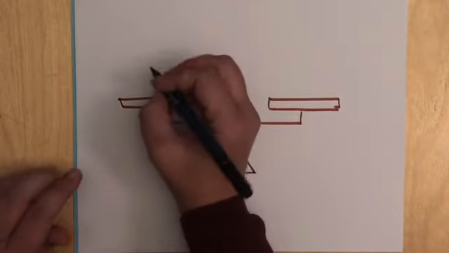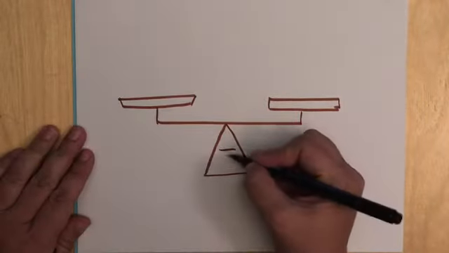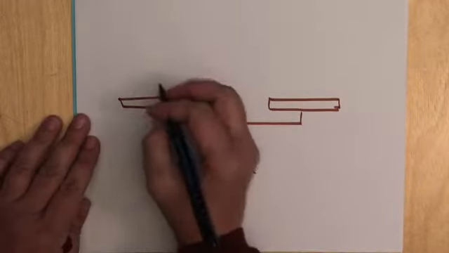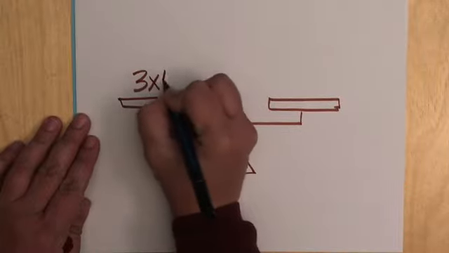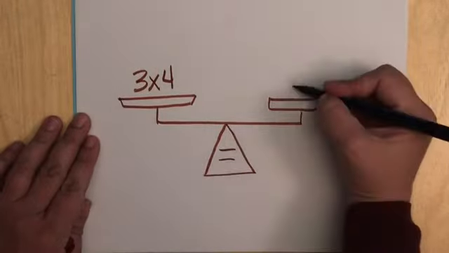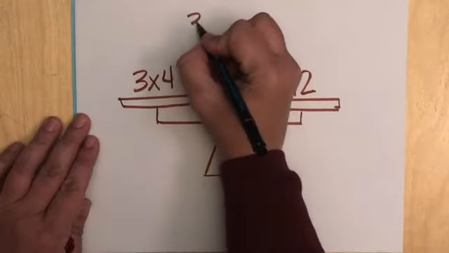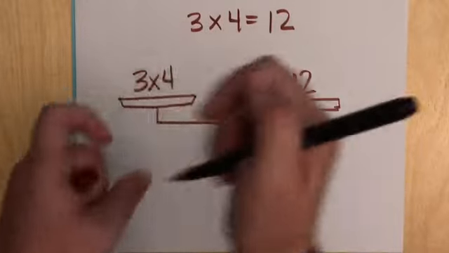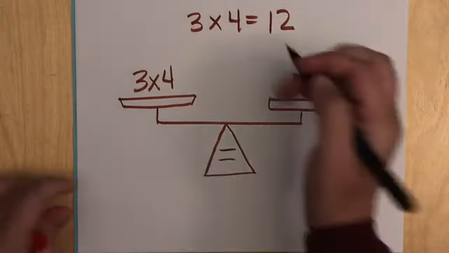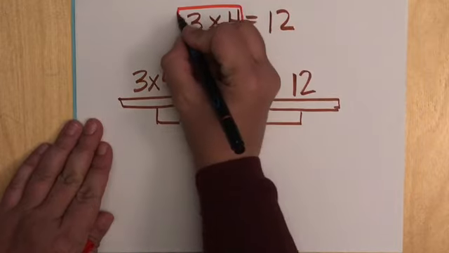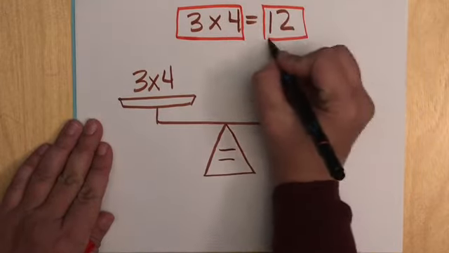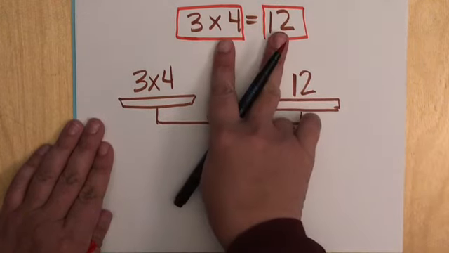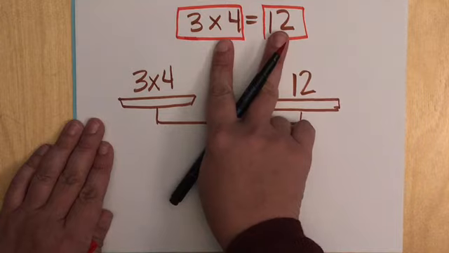So in this case, the equal sign is the middle. So you want both sides to be equal. So if we had 3 times 4, for this to be equal, it would be 12. So 3 times 4 equals 12. Both sides are equal. So this and this should be the same. That's the goal of math, is both sides of the equal sign are, well, equal.